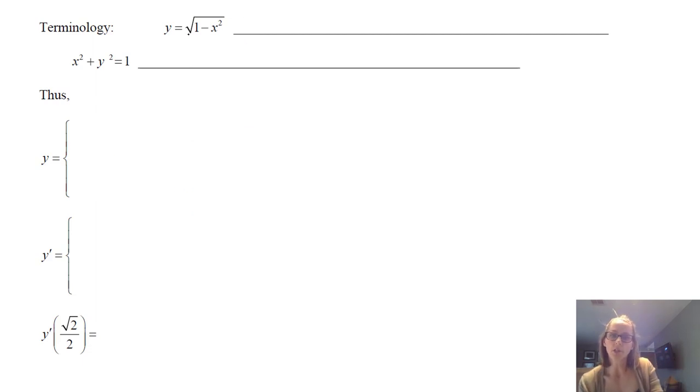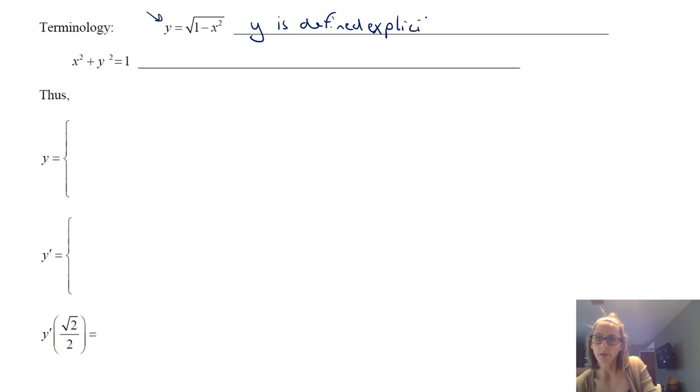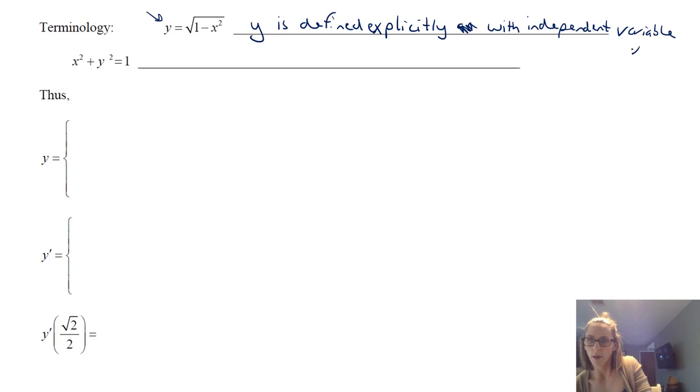So the terminology that we're going to see is when we see y equals, say, the square root of 1 minus x squared, in a case like this, y is defined explicitly, with independent variable x.